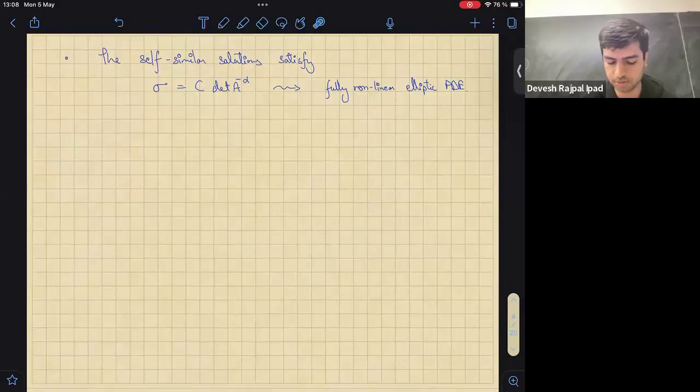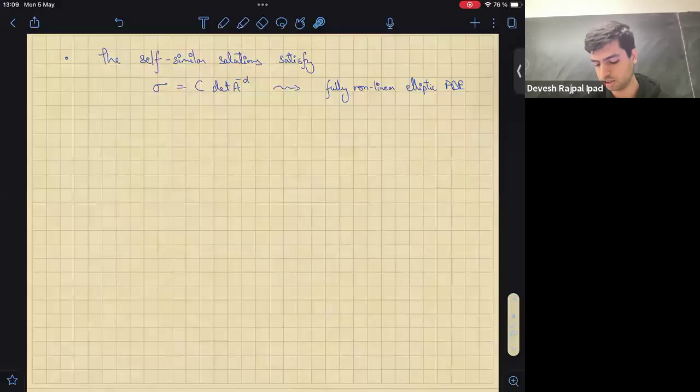So the support function will be proportional to the determinant of A to the minus alpha, that is, the support function will be proportional to the Gauss curvature raised to alpha. And this is a fully nonlinear elliptic PDE on the sphere. It's coming from a parabolic PDE, but you can be independently interested in solving these types of elliptic PDEs as well.